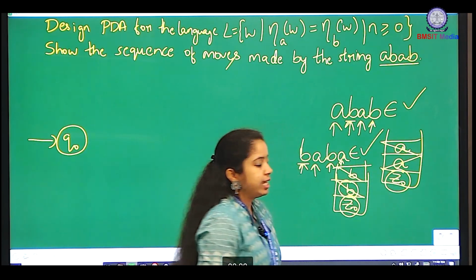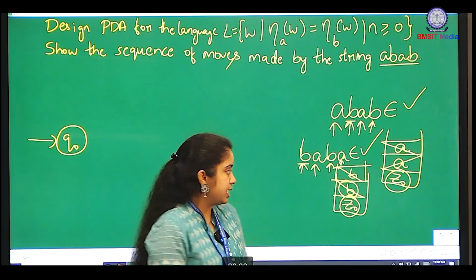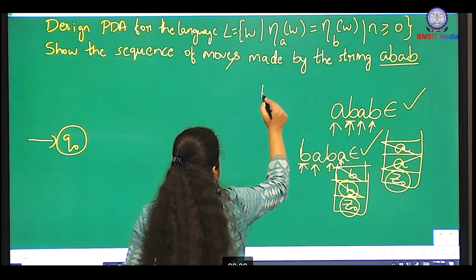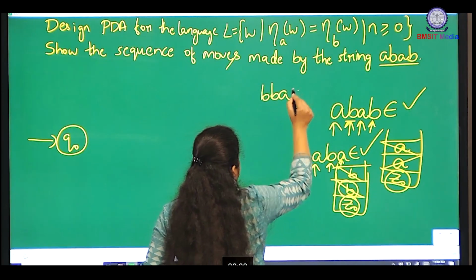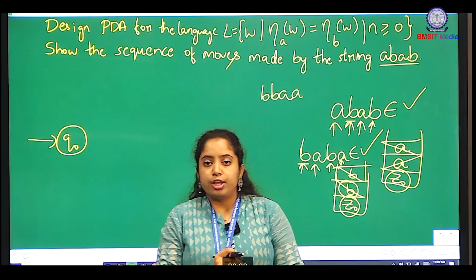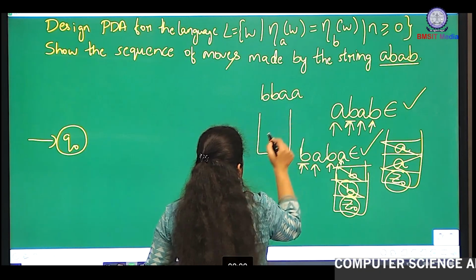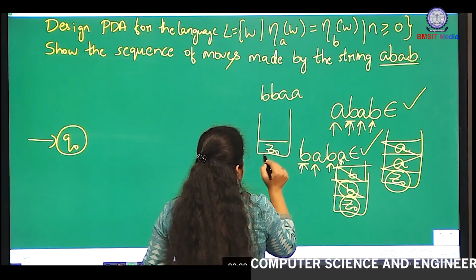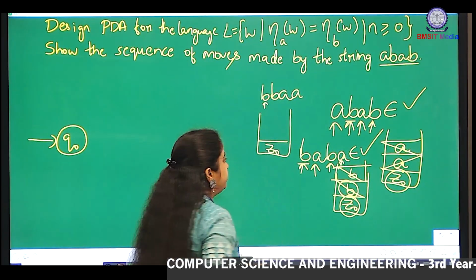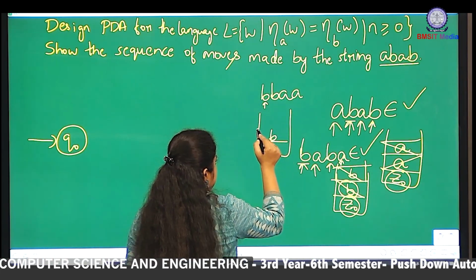We will see one more example wherein you have a string like BBAA. Even this can be accepted by the PDA, right? If you get such a string, what will you do? Again you have the stack element Z naught. When you read the input symbol B, you will simply push it into the stack.